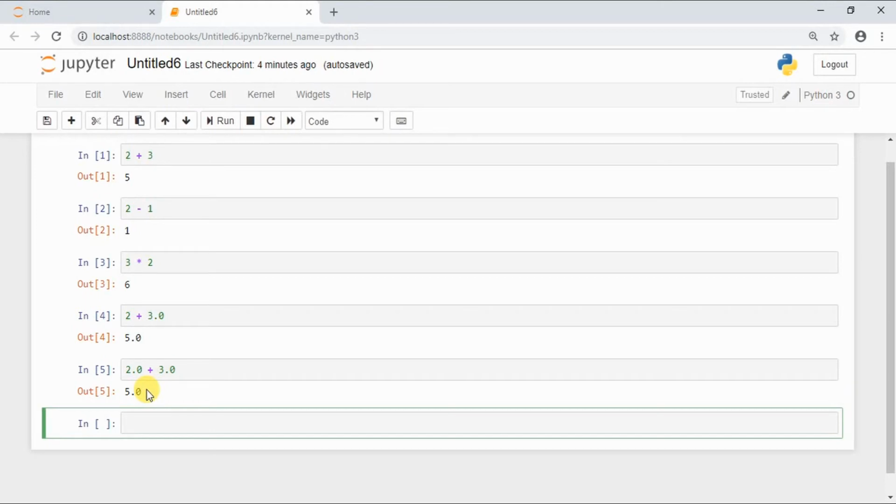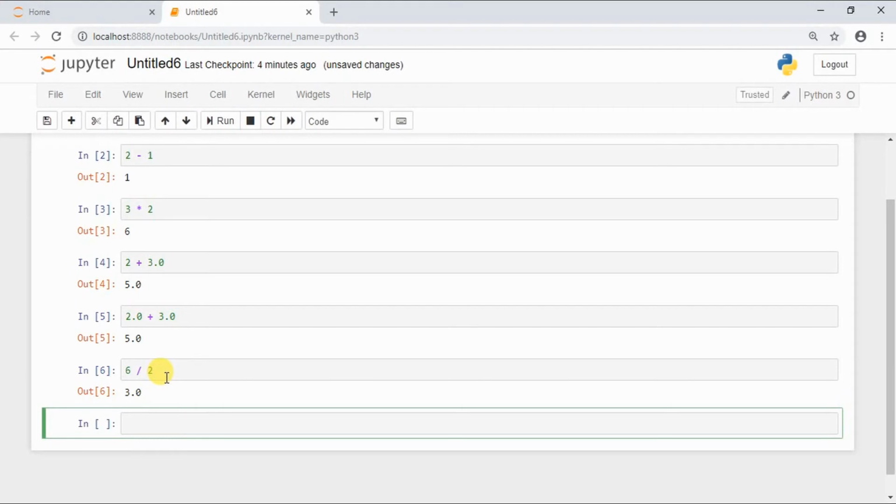But what if we do the division between two numbers? Then what will happen? So let's do it. Let's say 6, this particular operator is for division, divided by 2. Let's run it. Oh, it's a floating point number.